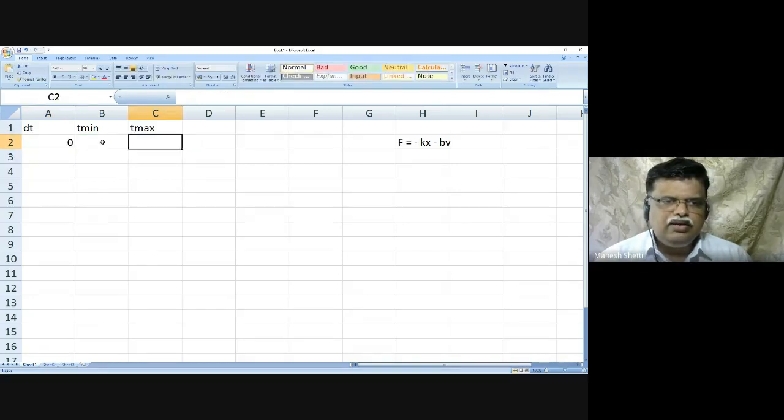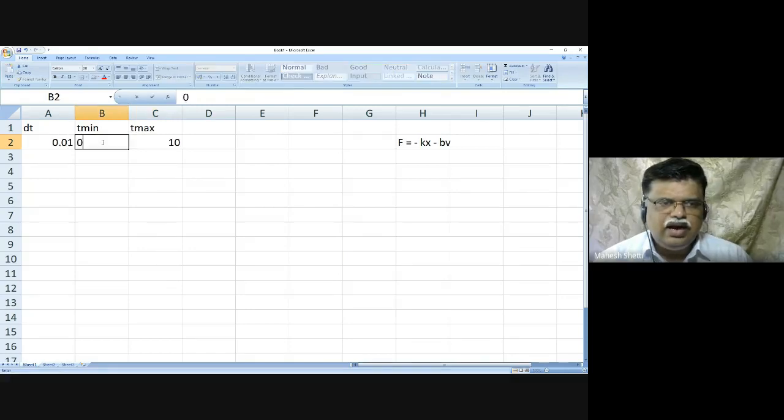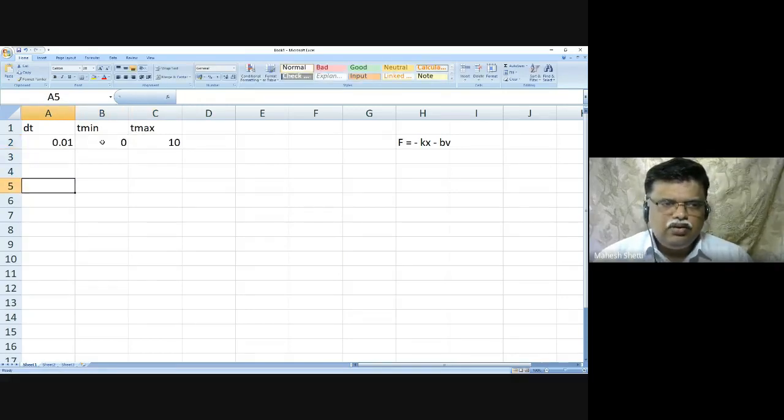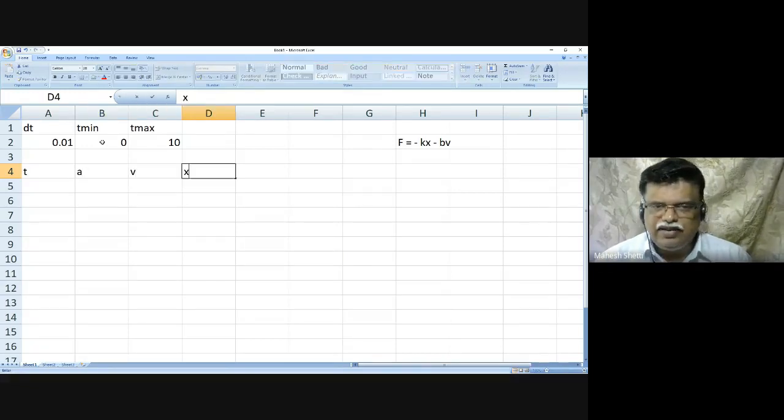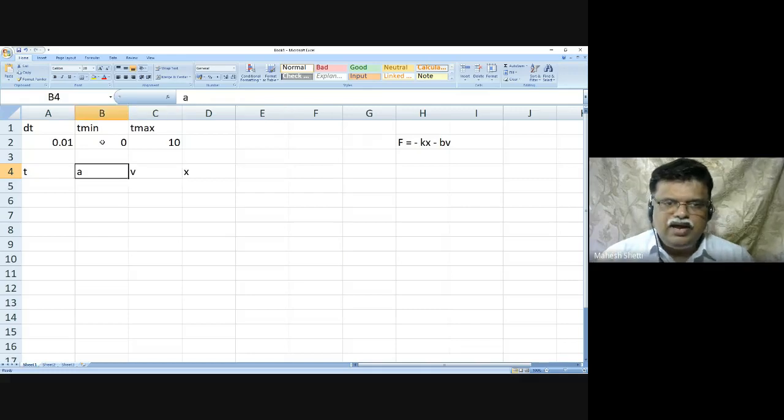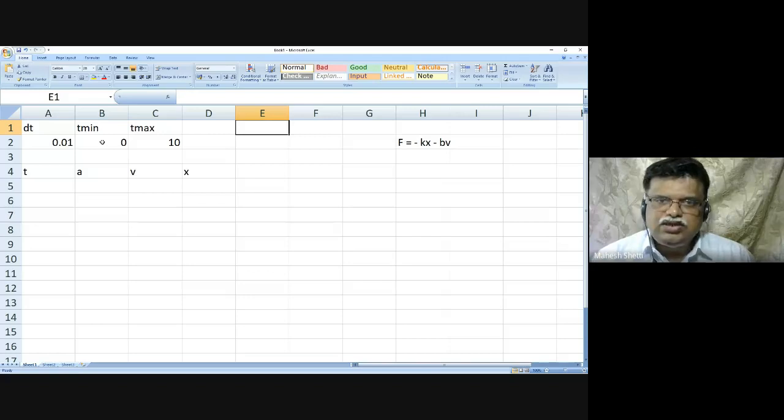So I may determine T max as 10 and T minimum as 0. I'm going to write T here, and I want to calculate the acceleration, velocity, and displacement: A, V, and X. Now, what are the constants of the problem? K is one constant and B is another constant.